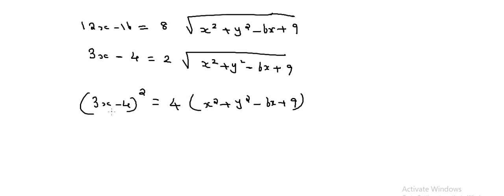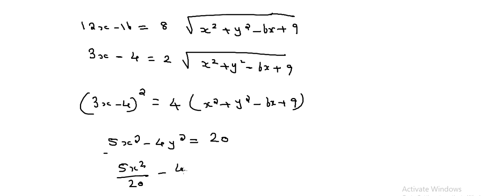We can use the a minus b whole square formula here, and when we simplify, we get 5x square minus 4y square is equal to 20. So 20 is a multiple of both 5 and 4, so we can divide throughout by 20. So we get 5x square by 20 minus 4y square by 20 is equal to 1.